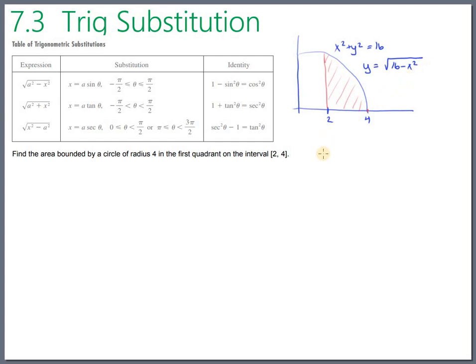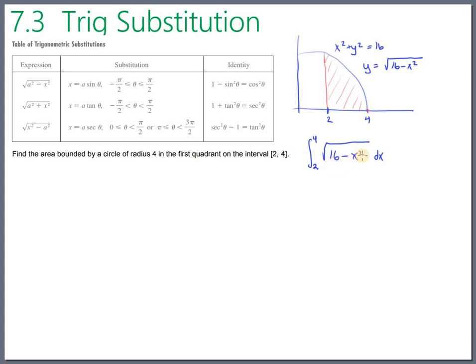Setting up the integral from this geometric description really isn't too hard. We just want the integral from 2 to 4 of the square root of 16 minus x squared. The doing of the integral might be a little challenging up until this point.